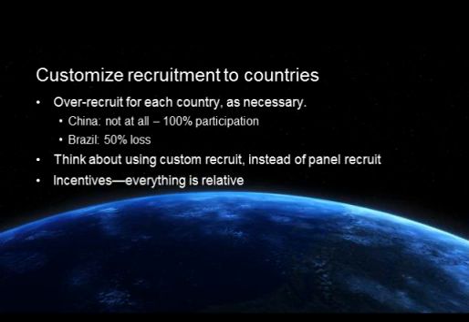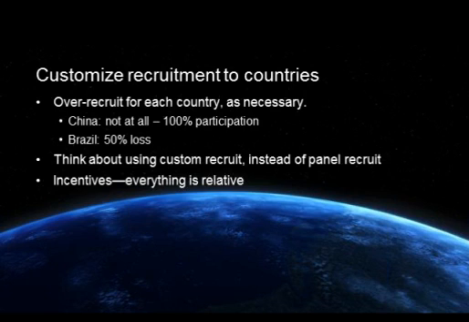And of course, we have to give them proper incentives so that they will stay on the board till the end, and also motivate them to give us responses. However, you also have to be clever about what kind of incentives, and again, it has to be customized according to different countries, because everything is relative.